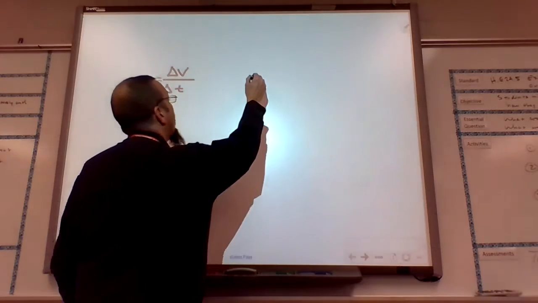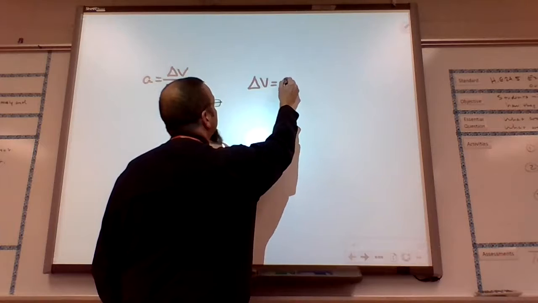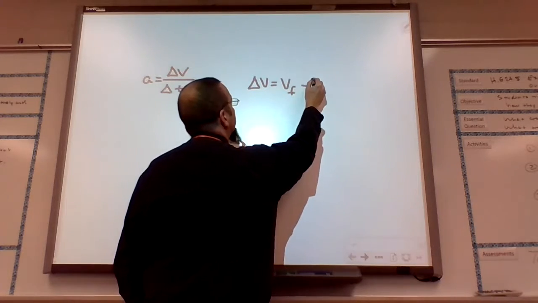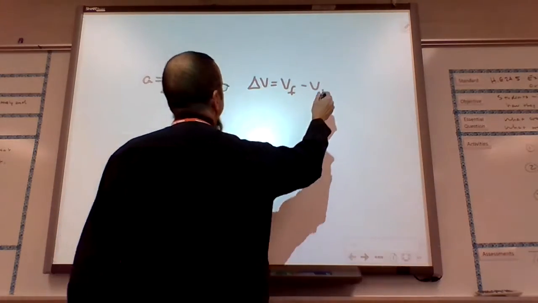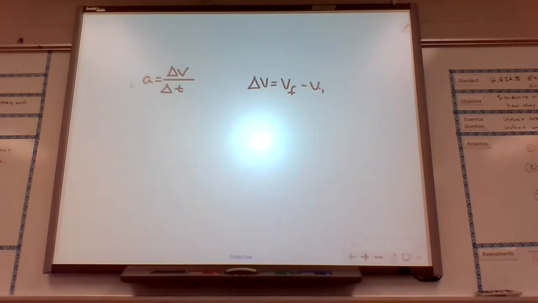And that change in velocity, like any other change, any other delta, is the final minus the initial. So it's Vf minus Vi. And this allows us to work with it algebraically a little easier, not having to worry about order of operations, making sure we're doing our rearrangements correctly, that kind of thing.